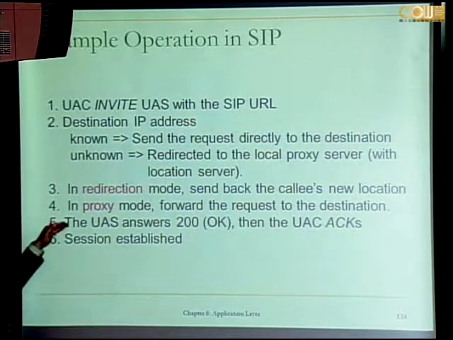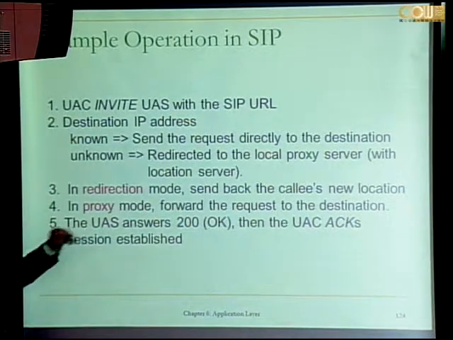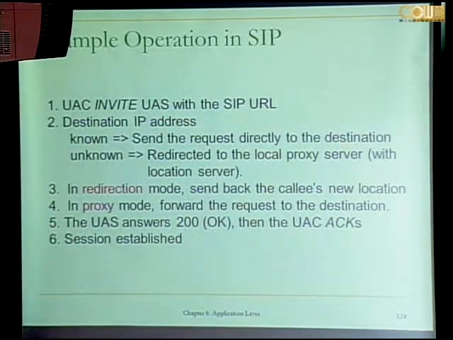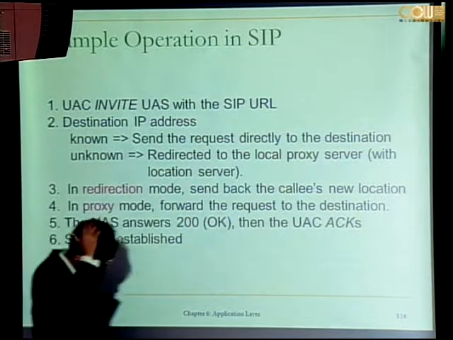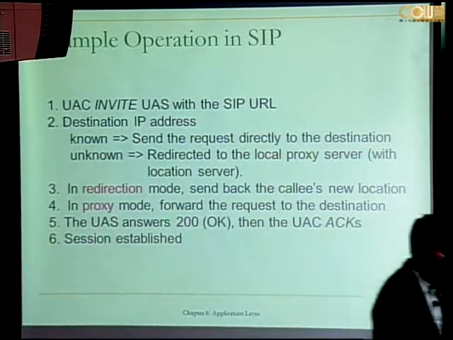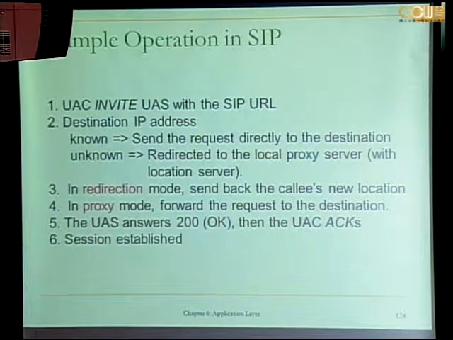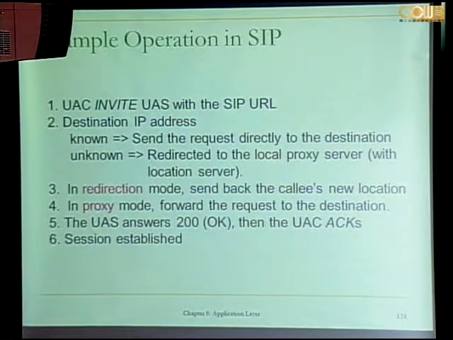Okay, and then the callee would answer with 200 something to acknowledge the invite message. Okay, and then the session is established. The caller and callee can send RTP and RTCP to carry their real-time, bidirectional voice data.